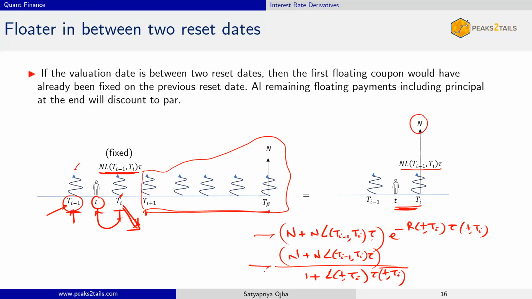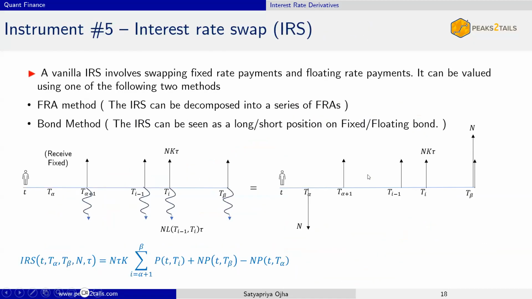Use this or this, depending on if you have access to this or access to this. So that's the value. Is it clear, guys? Never be scared of floating rate payment ever again. It's so simple. Cool. Let's proceed then.